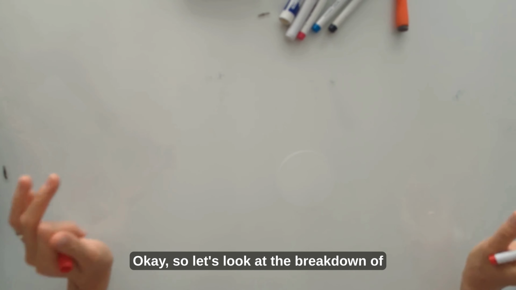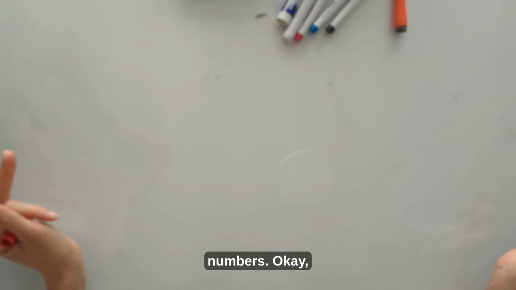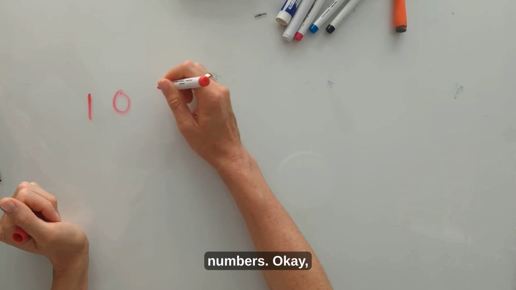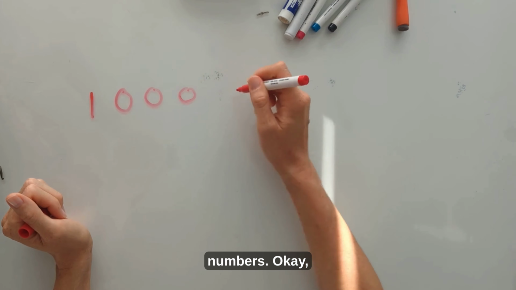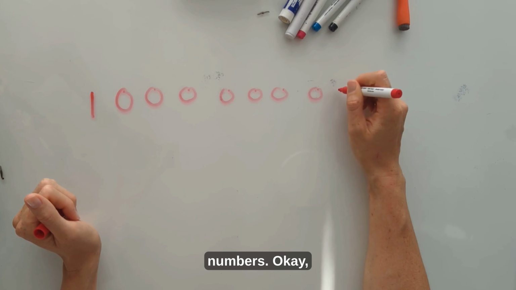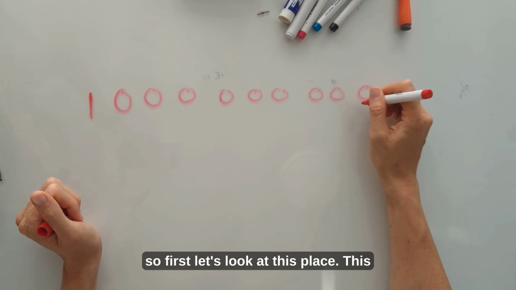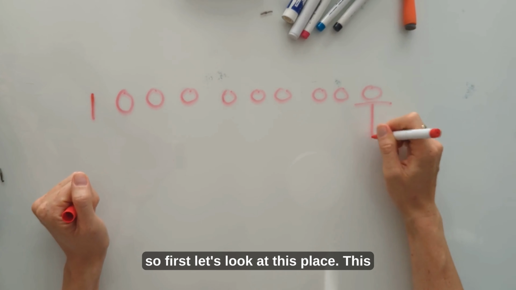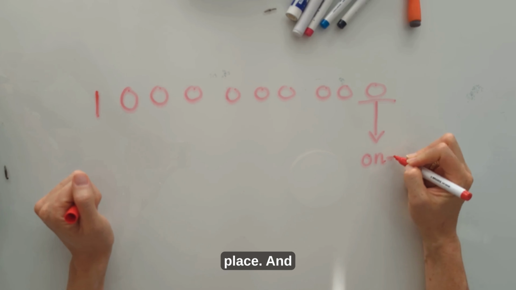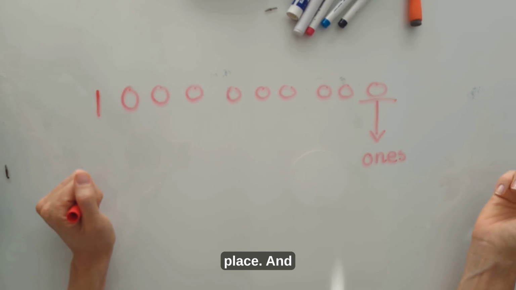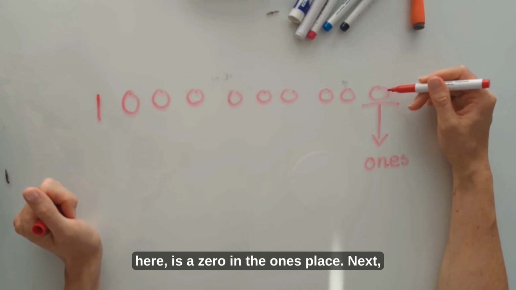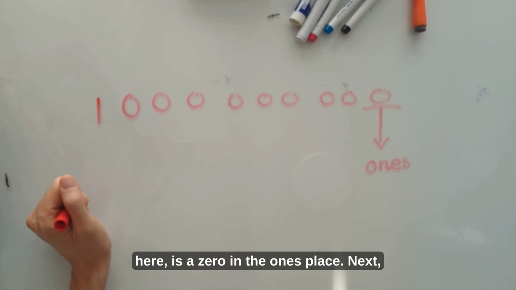Okay, so let's look at the breakdown of numbers. Okay, so first let's look at this place. This number is in the ones place. And so this long number, this 0 here is a 0 in the ones place.